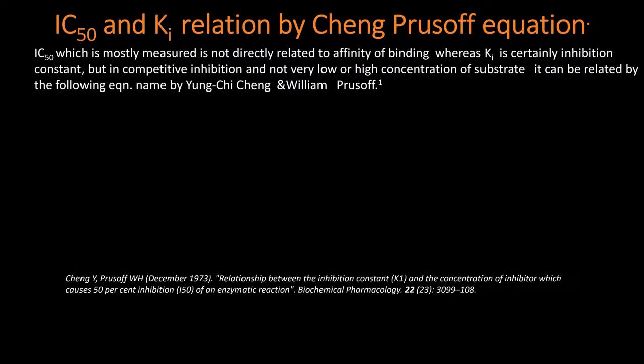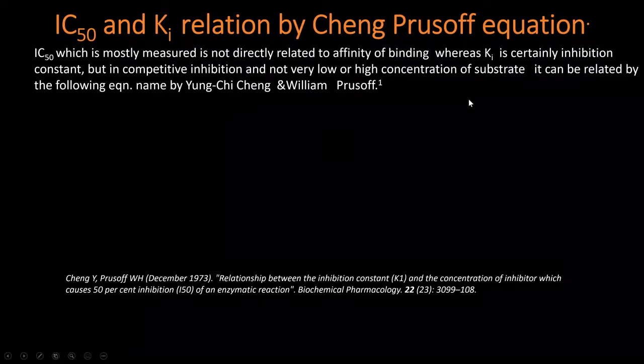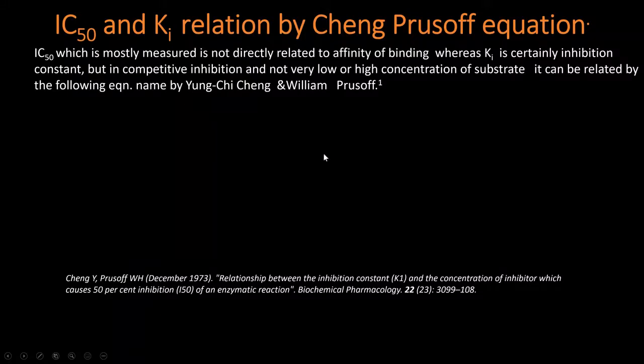Basically, you should not use IC50, you should use Ki. Ki is the most uniform inhibition constant which specifies the property of the actual inhibitor with the substrate. Please remember this cautionary note.